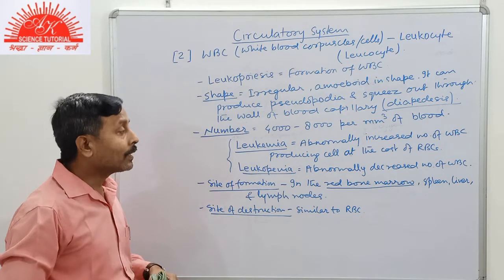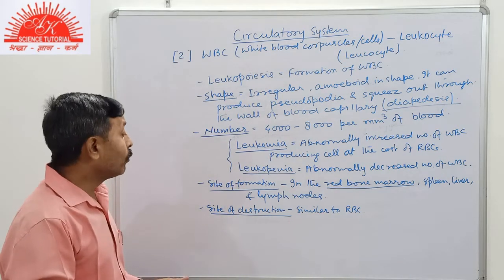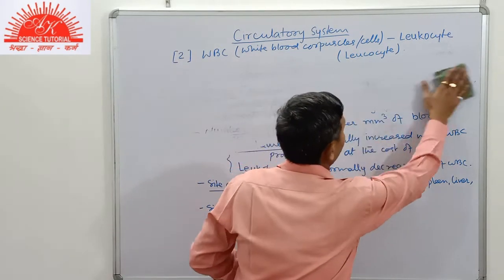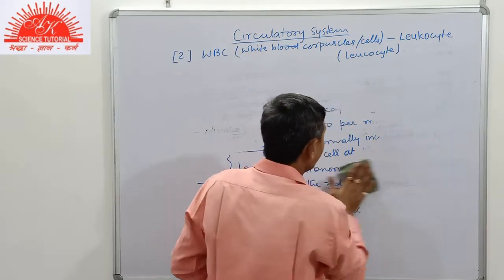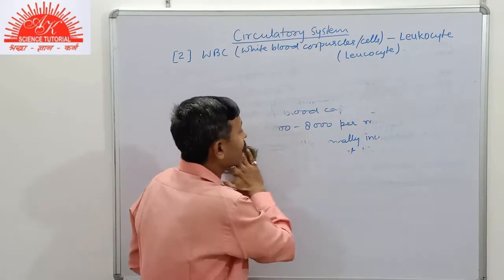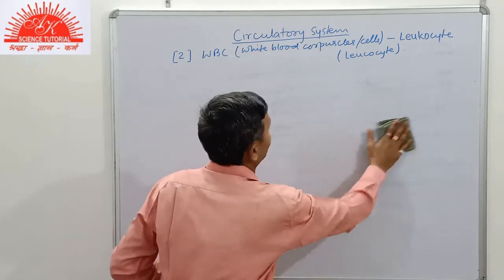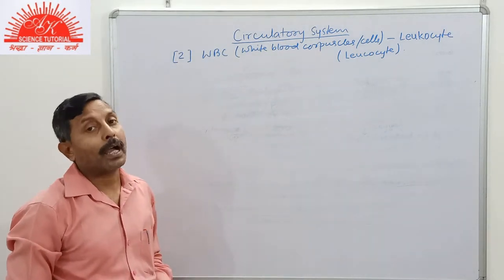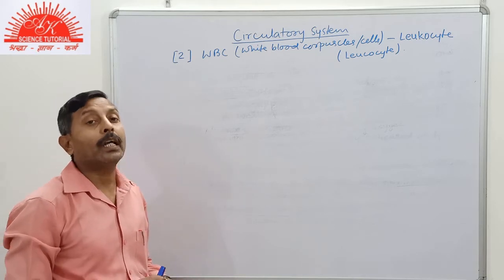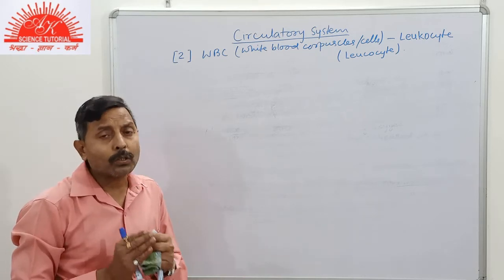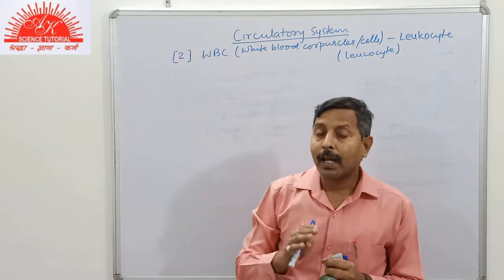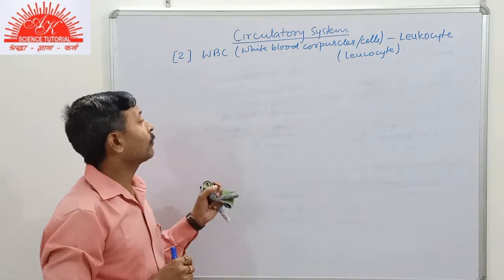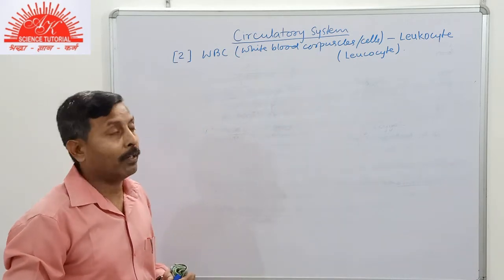That is, the places where RBC is destroyed, WBC is also destroyed, and further we see that WBC is destroyed mostly at lymph nodes, where tissue fluid is filtered out from the germs, and the WBC, by localizing there, fight against the germs. Mostly WBC remain present outside the blood vessel, that is in tissue fluid and in the lymph. For short duration, that is during its flow only, it remains inside the blood vessels.